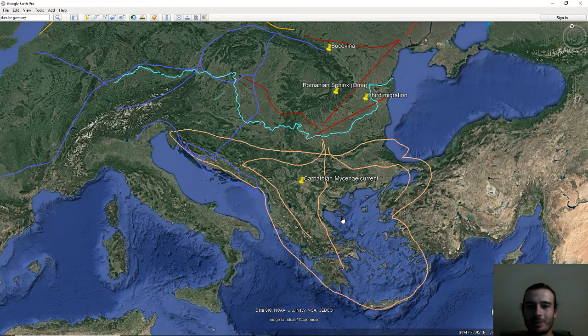So, as you'll notice in Greek mythology, a lot of stories come from these areas. Ironically, the Pelasgian stories also come from these areas quite a bit, but also from everywhere else.